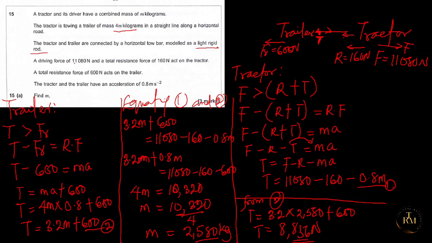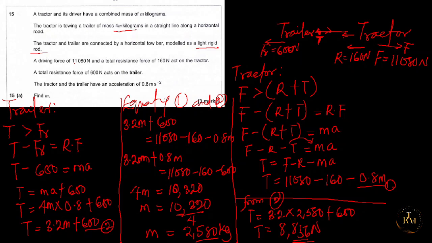Basically, this is the analysis of the whole thing, breaking down the question into two different components, or let me say two different systems: the tractor being a system and the trailer also being a system, analyzing them differently and bringing them together because they are connected by a particular tension force.